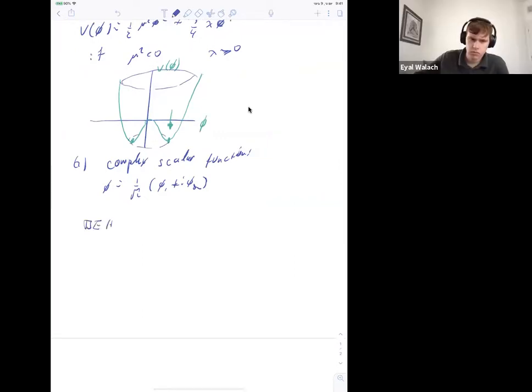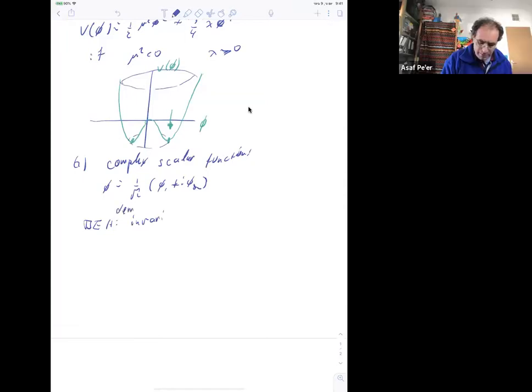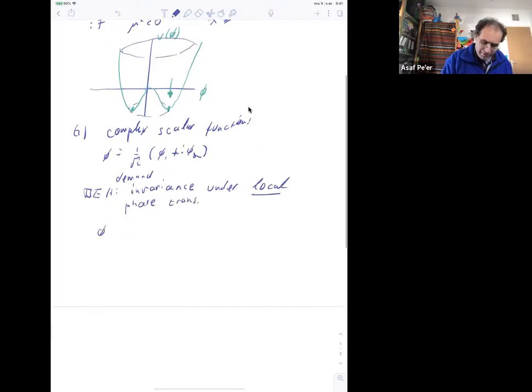Phi of x goes to phi prime of x, which is e to the i g chi of x times phi of x.